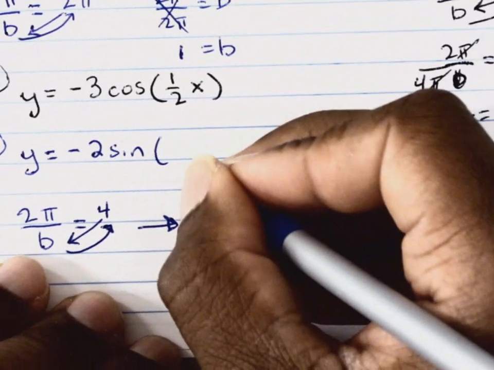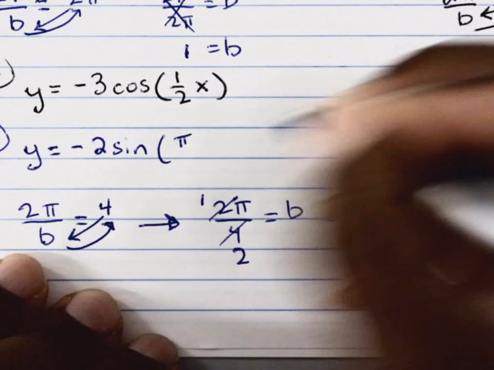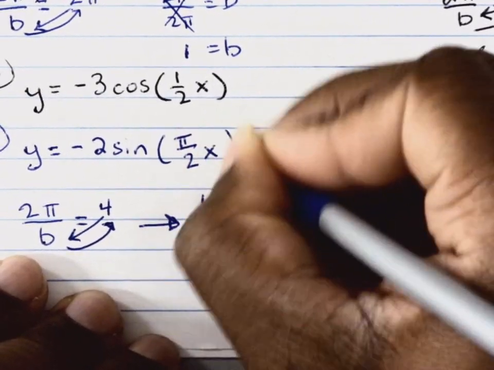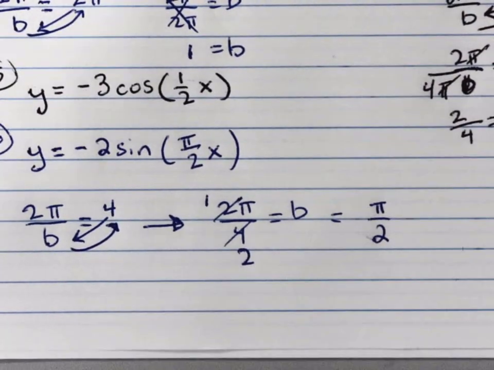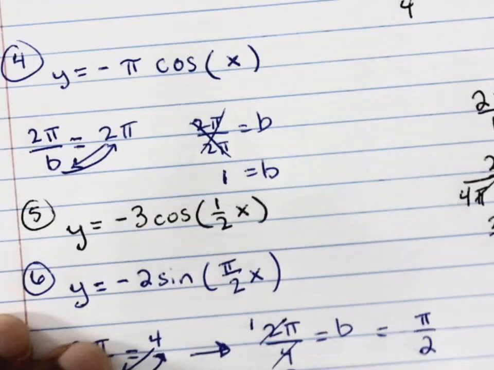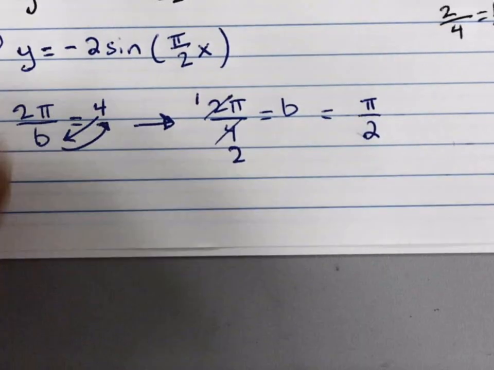So what I have here is pi over 2x. Alright, turn over to a new page, 2 more of these.